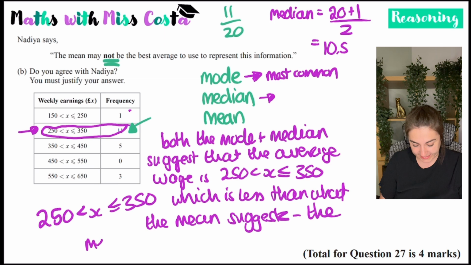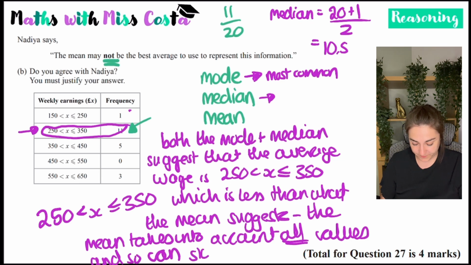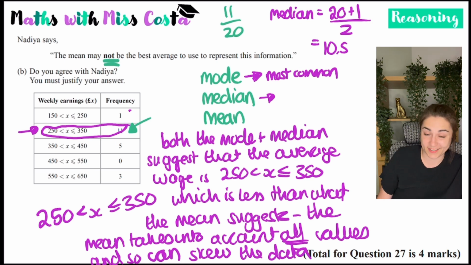The mean takes into account all of the values, and so can skew the data. In this case, it's inflated it because there's 3 people that earn potentially £650. So that makes it seem like everyone in the company is earning more.